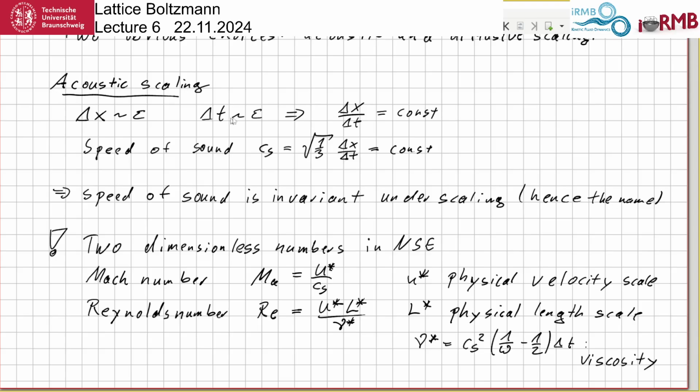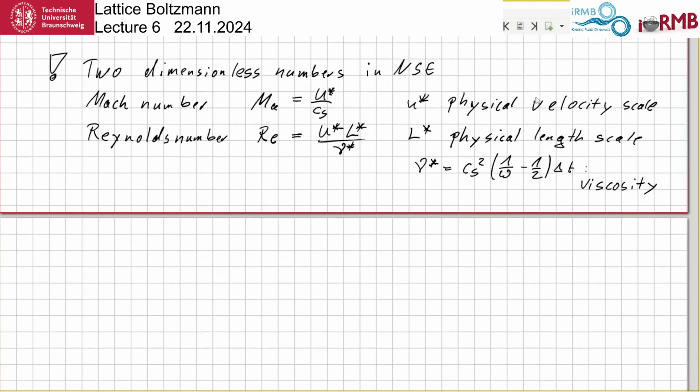If we plug this viscosity into our Reynolds number, we get Reynolds number is equal to U star L star divided by CS square times 1 over omega minus 1/2, and here comes delta t.